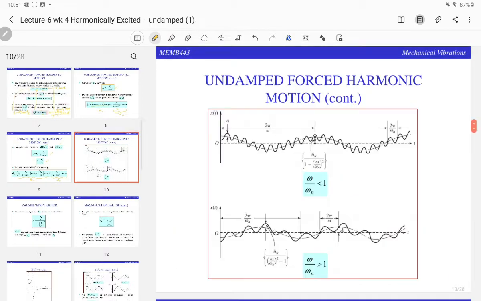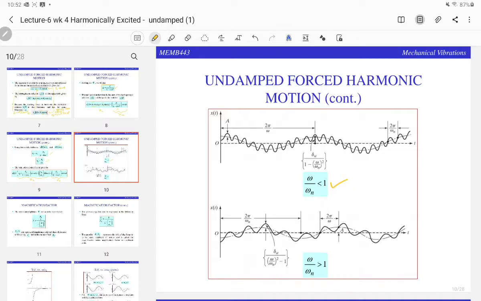From there you can also see, if you plot these two graphs, this is how it looks. When your omega over omega n is less than 1, you can see that there is a period of 2 pi over omega here.